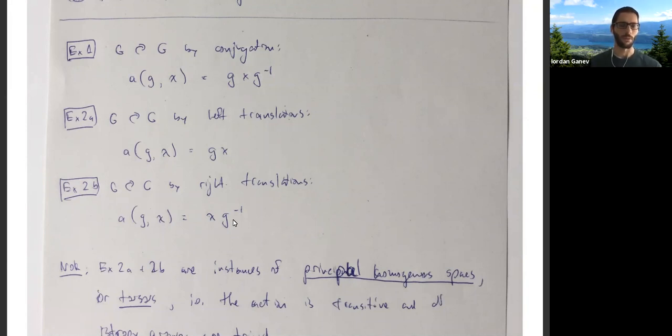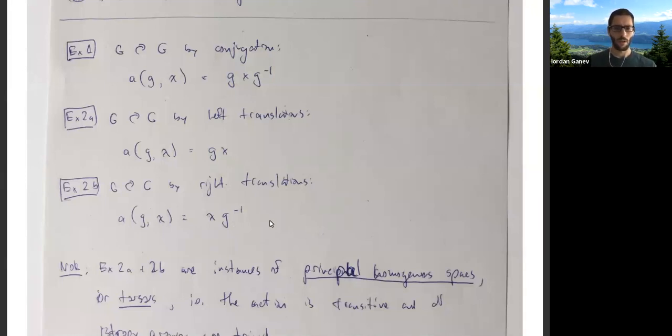You can check. It comes down to the fact that if you take the product of two elements, h and g, then the inverse is the inverses in the opposite order, so g inverse, h inverse.